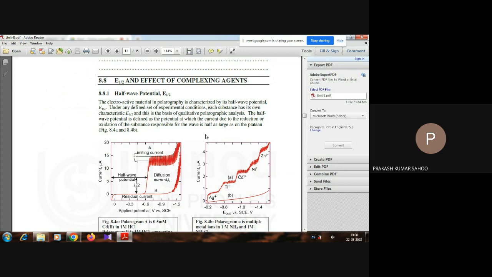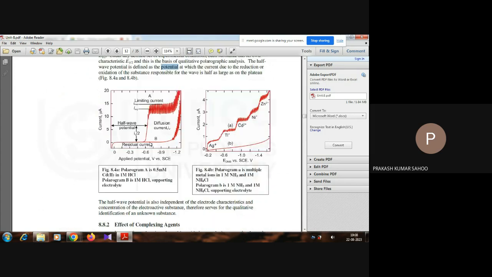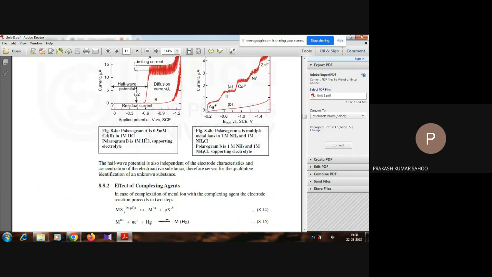The half-wave potential is defined as the potential at which the current due to reduction or oxidation of the substance responsible for the wave is half as large as the plateau. Whether it is oxidation or reduction, the halfway point of the potential is known as the half-wave potential.